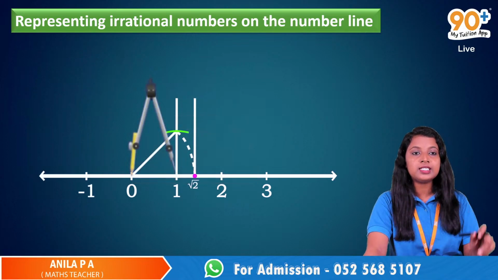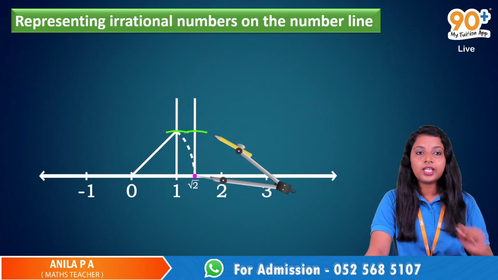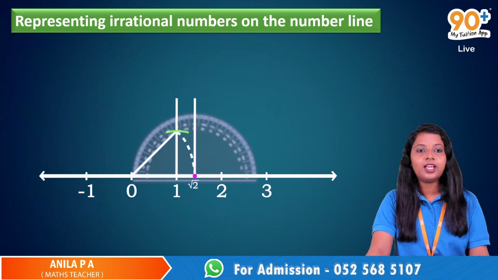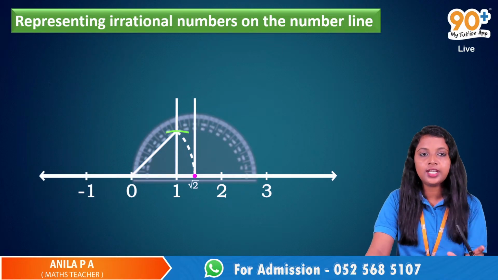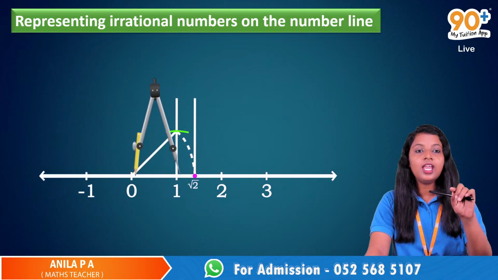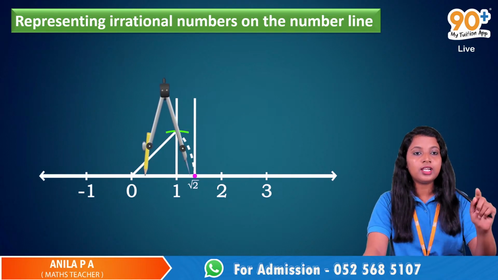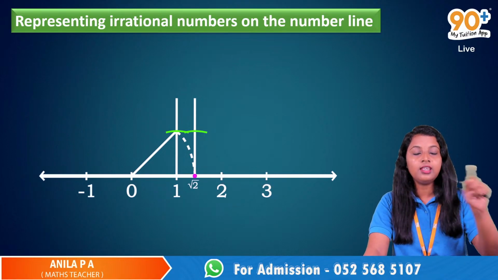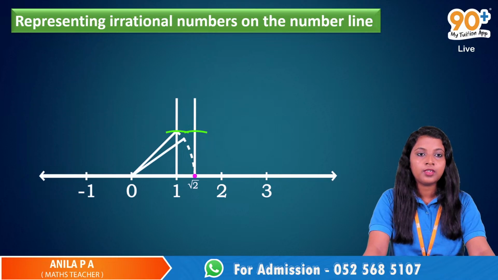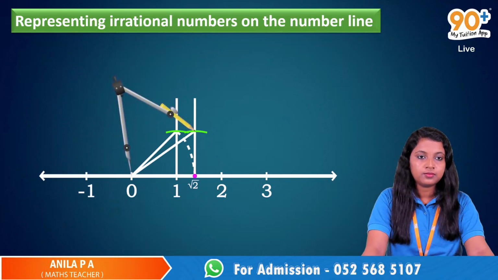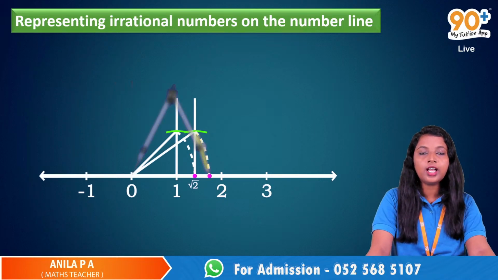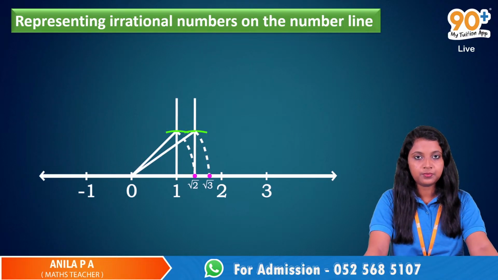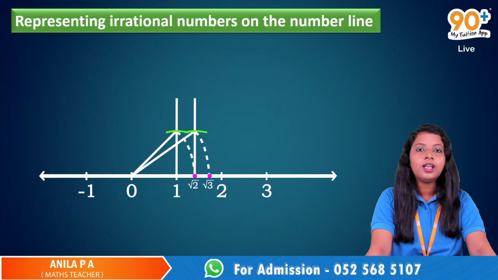So we place a protractor there and mark 90 degree, and now we have to draw another line and mark this 1 centimeter. Taking that, you have to draw an arc, and the point where this arc touches the number line is root 3. This is another method.